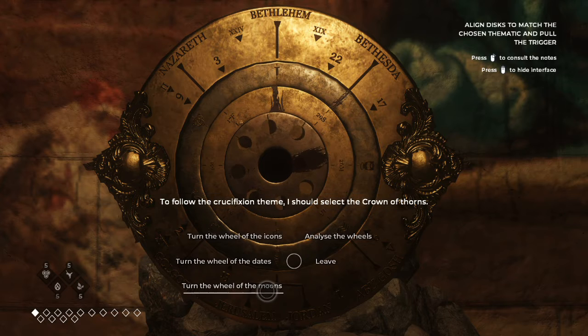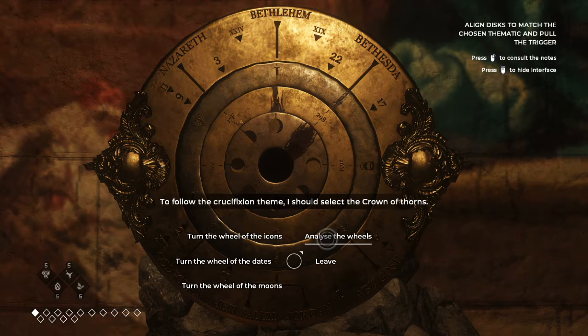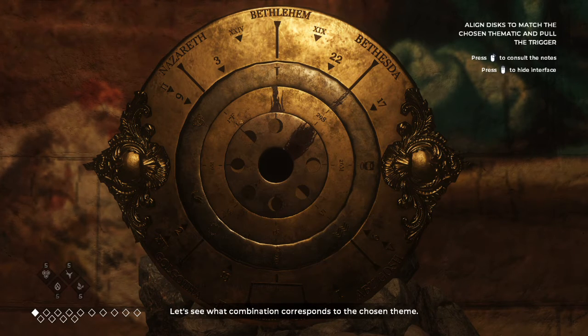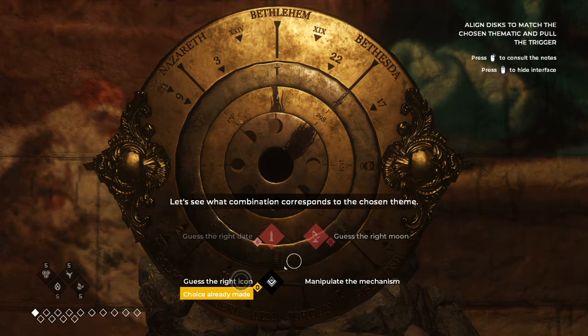I was thinking of going through all of them. Let's see what combination corresponds to the chosen theme. It's not really what I wanted to do.